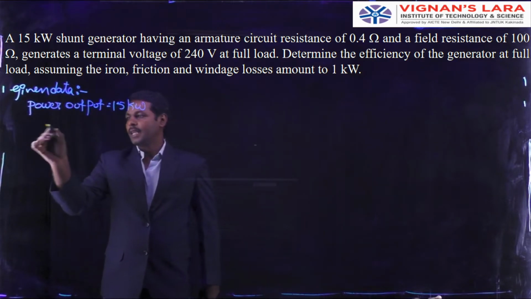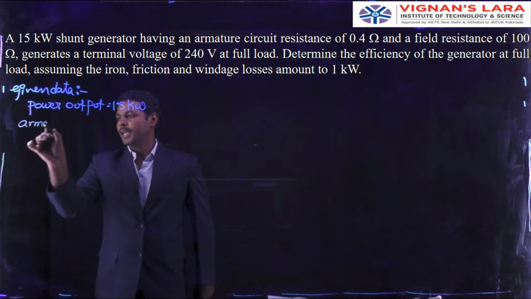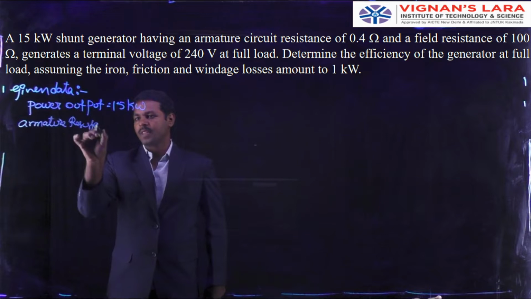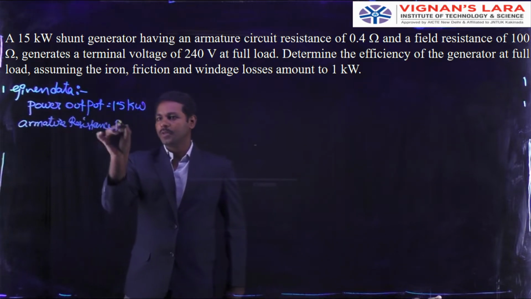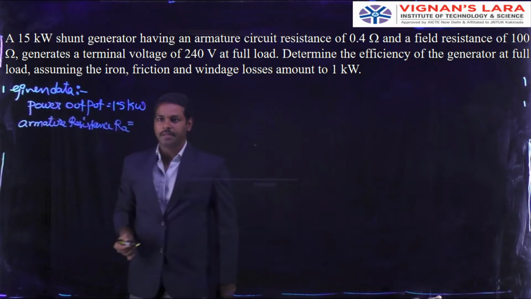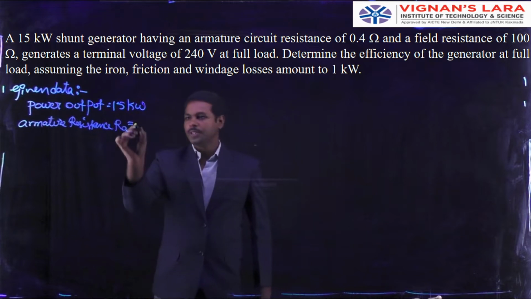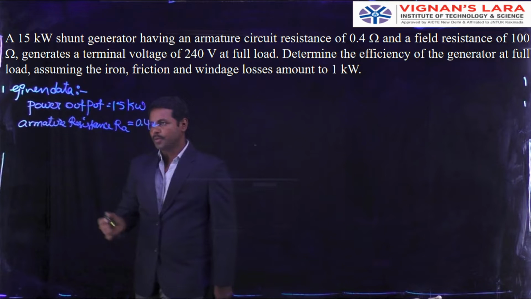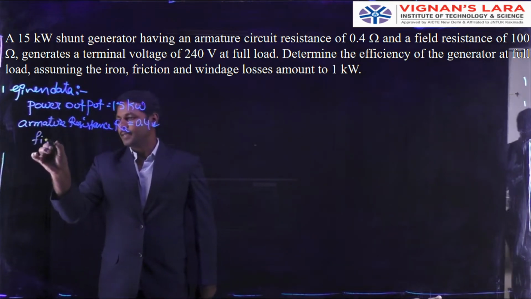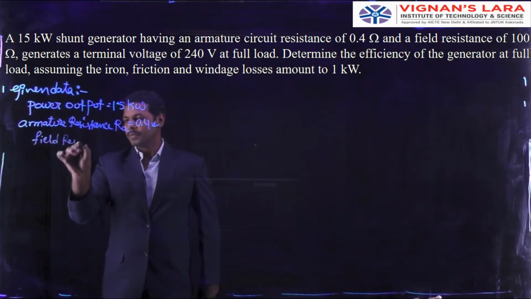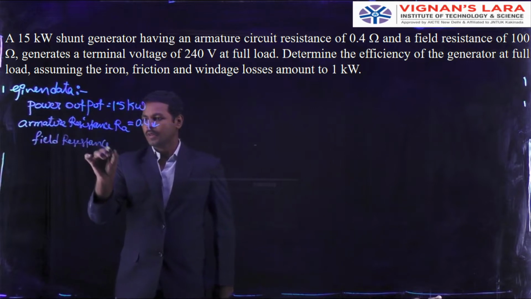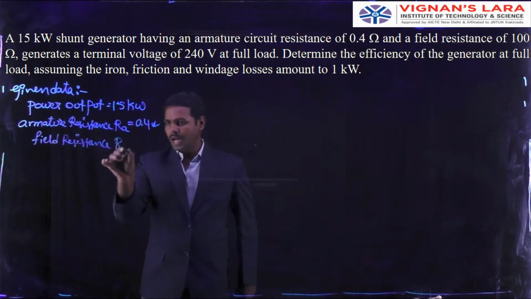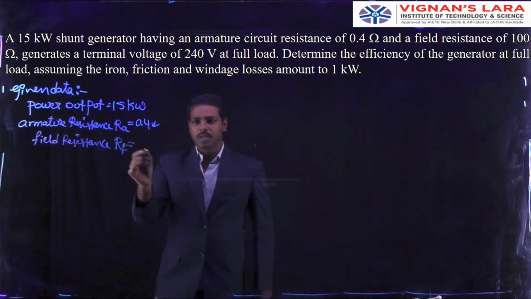The armature resistance, denoted by RA, is equal to 0.4 ohms. The field resistance, denoted by RF, is equal to 100 ohms.